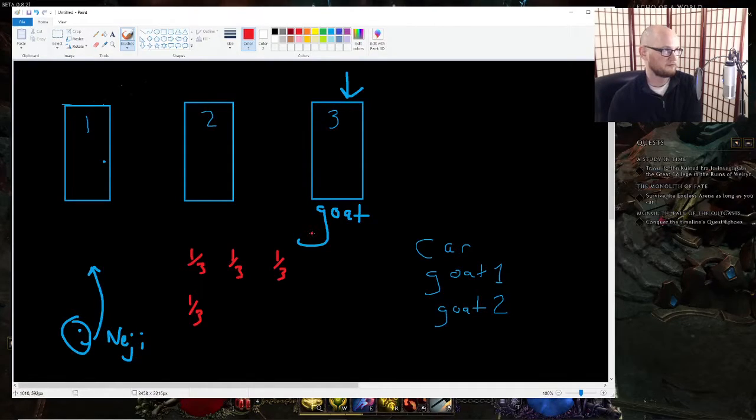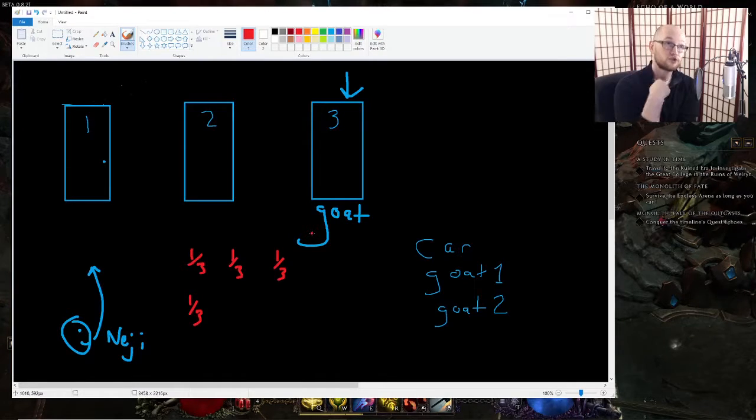So let's see. I gotta make sure that I'm doing this right. Because the point is, he knows which one has a goat in it. So the remaining door that hasn't been selected by Neji or by the game show host was deliberately not selected by the person who has the knowledge, which means that it has a higher percent chance of having a car behind it.